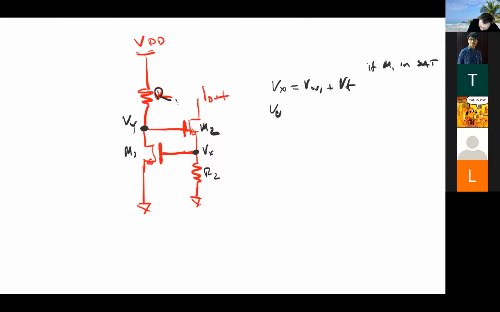So Vy is equal to Vx plus VOV2 plus VT, and this assumes M2 is in saturation. If I have these two voltages, how much current flows through R2?